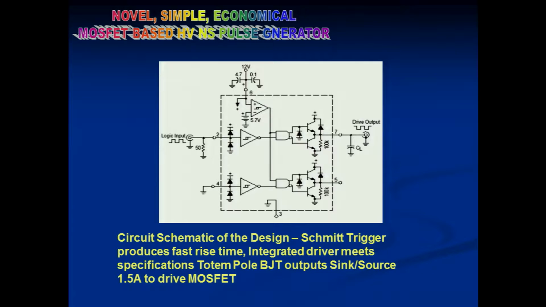And we call it novel because at that time it really was novel, it is very simple, there are just 3 stages, economical, we only spent $1,000, which is nothing. The MOSFET itself cost a lot.